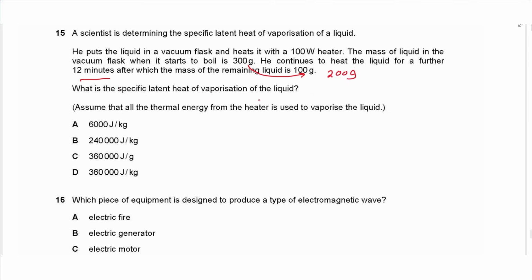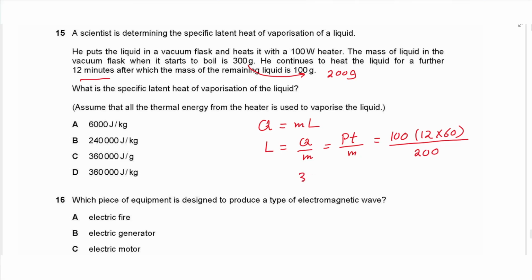What is the specific latent heat of vaporization of the liquid? So we can use the equation Q equals mL, or L is equal to Q over m. And Q is the thermal energy. We can calculate it by multiplying the power and time, then divide by mass. So we have 100 watts and the time is 12 minutes multiplied by 60 to convert it to seconds. Then we divide by the mass, which is 200.